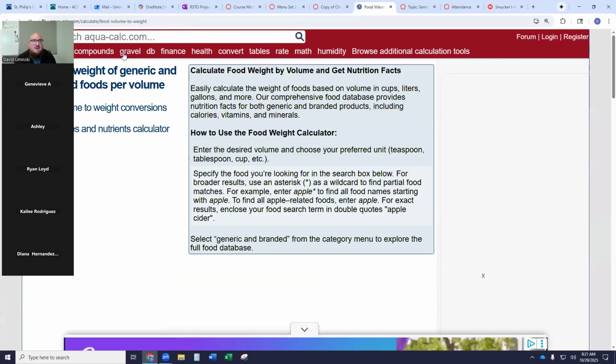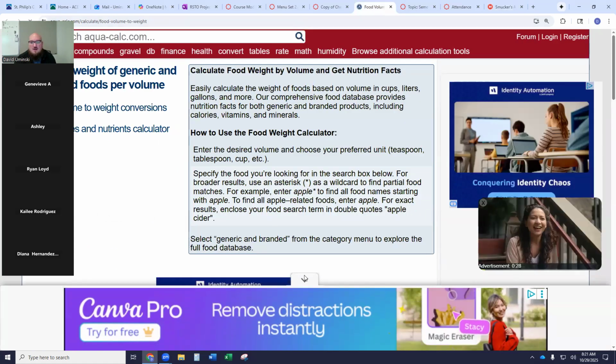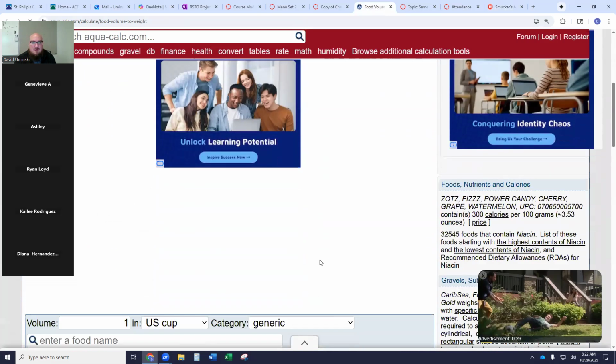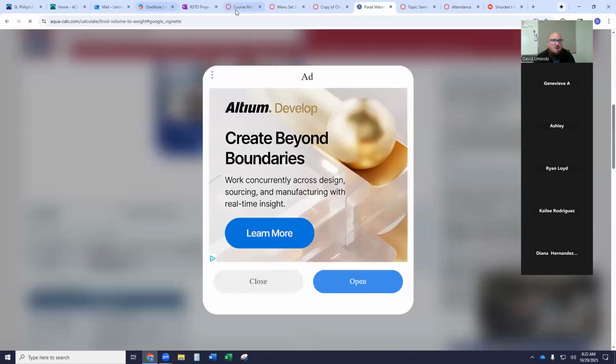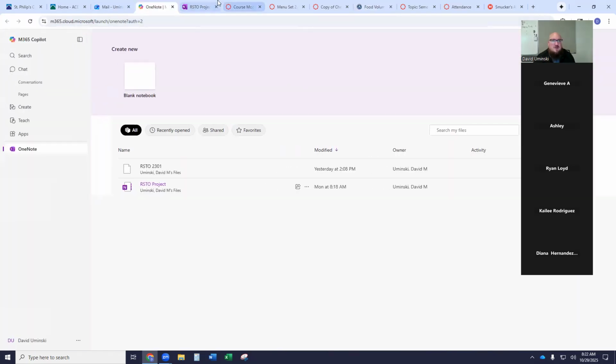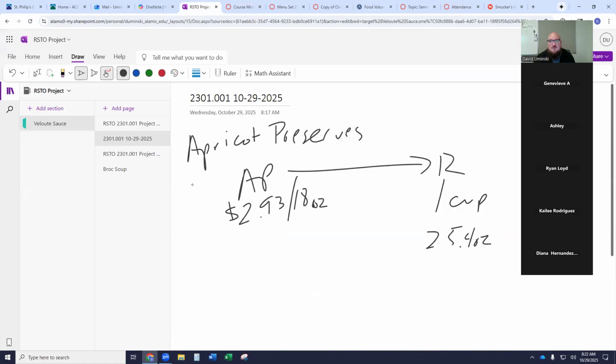And so by doing that, let's look at our, you said your apricot preserves were what? What did you convert your apricot preserves to? 18 ounces. No, not the 18 ounces, the 1 cup, sorry. Oh, the 1 cup I converted to 11.29 ounces.